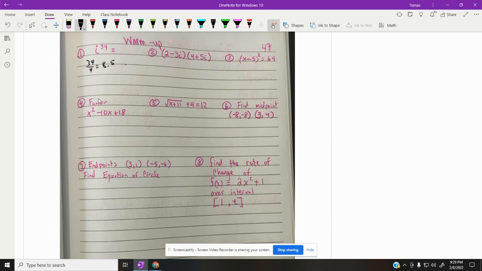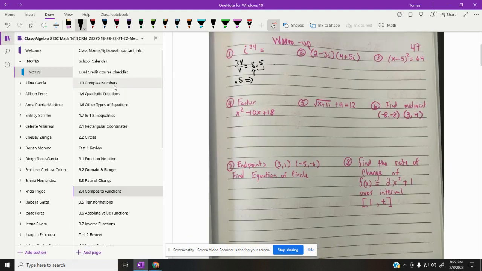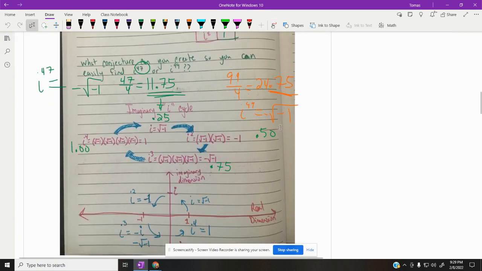Not really worried about this 8. We're more concerned with this point 0.5 business, if you remember our little circle or cycle from 1.3. Oh, there it is.